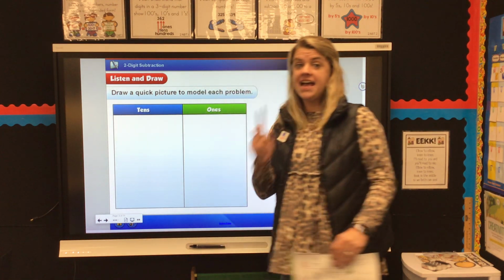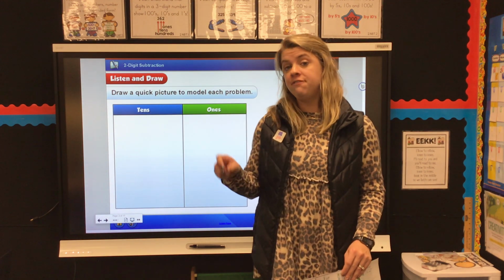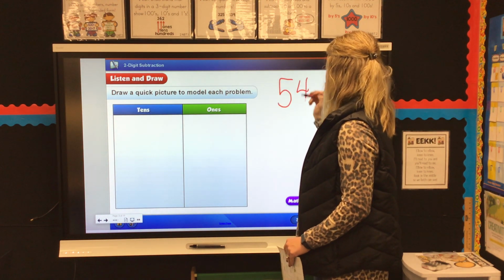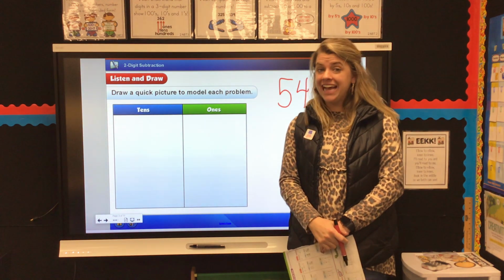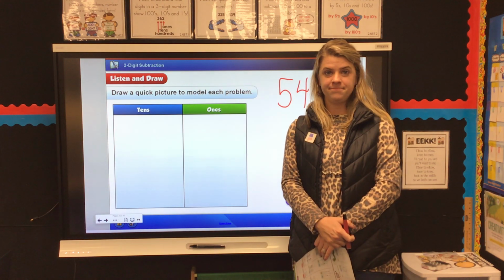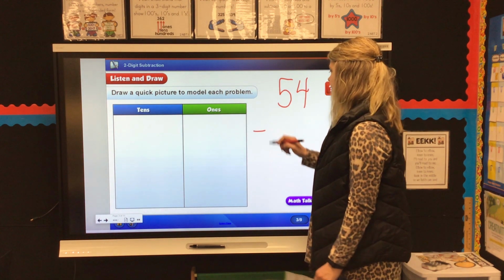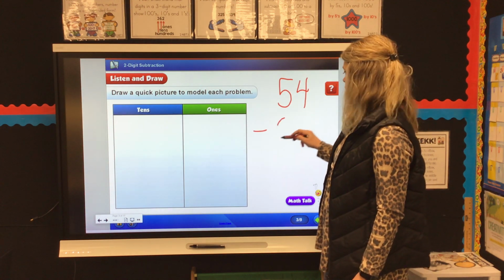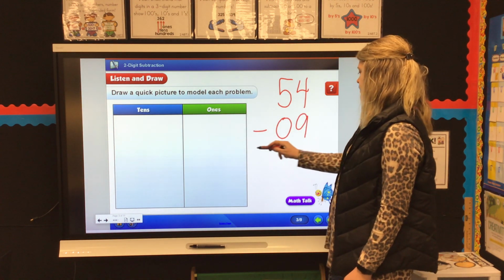All right. Devin had 54 toy cars. He gave 9 of them to his brother. Is that adding or subtracting? Subtracting. Now, he only gave 9 of them. Can I put my 9 right here in the tens? Nope. I'm going to put a 0 there because 9 does not have any tens.